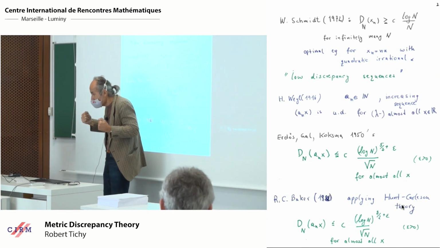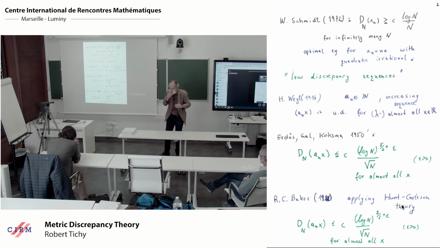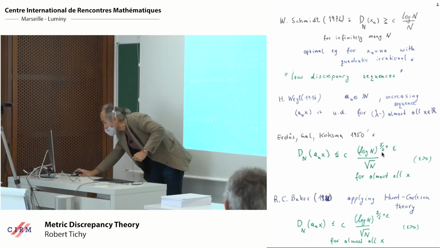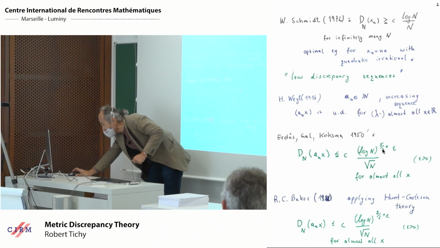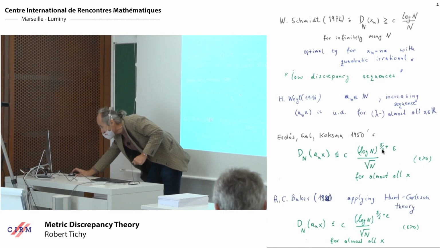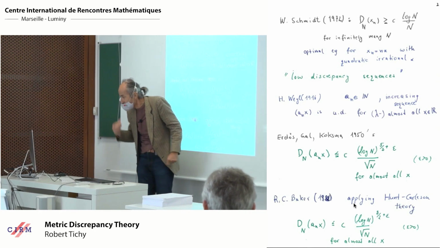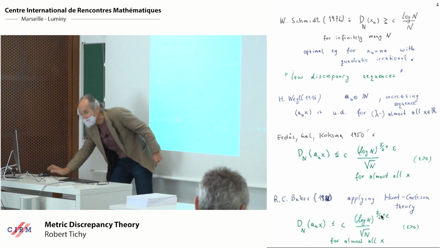The interesting fact, of course, is what we can say on a finer estimation of the discrepancy. And this was the first result. You see the exponent here is 5/2 plus epsilon, and it took quite a while to improve this exponent significantly, and this is due to Roger Baker in the 80s. He could improve the 5/2 to 3/2.